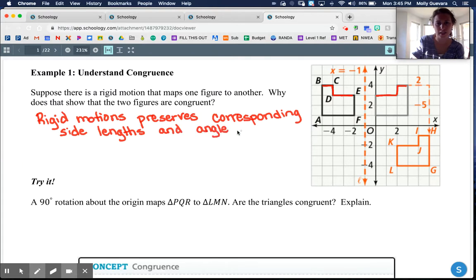So that means the angle measures are the same. So if I reflect something, the side lengths don't change and the angles don't change. If I translate something, the side lengths don't change and the angles don't change.